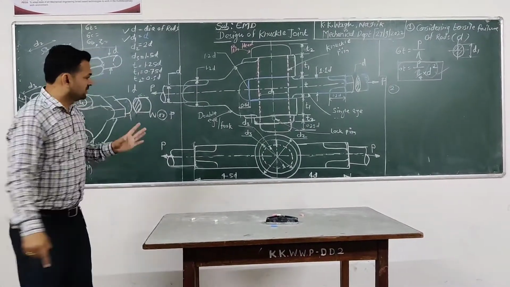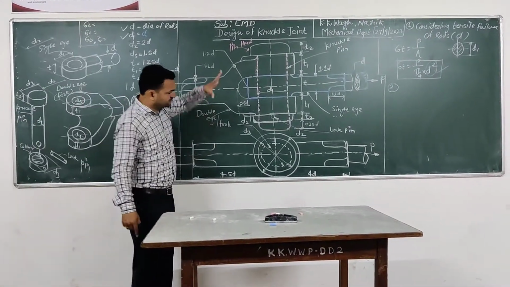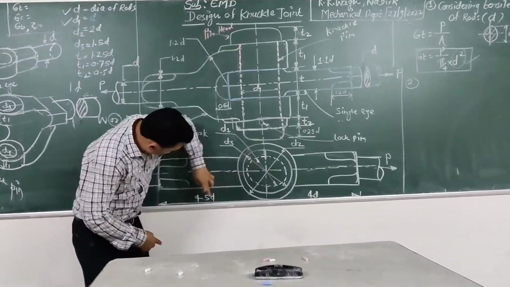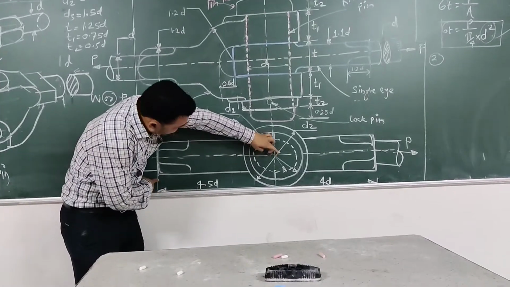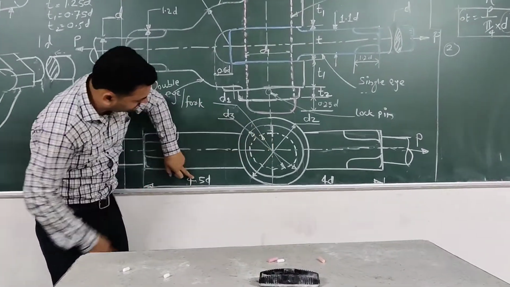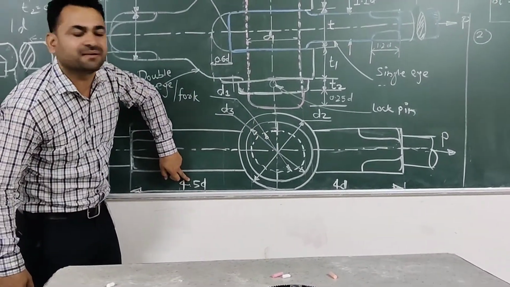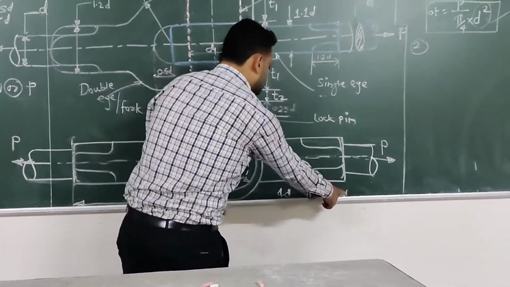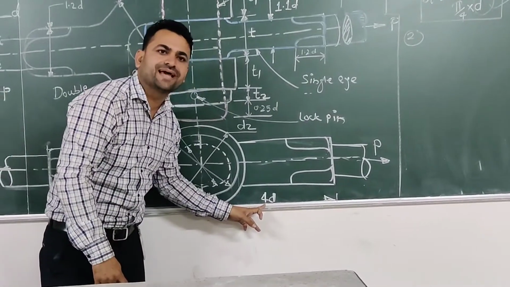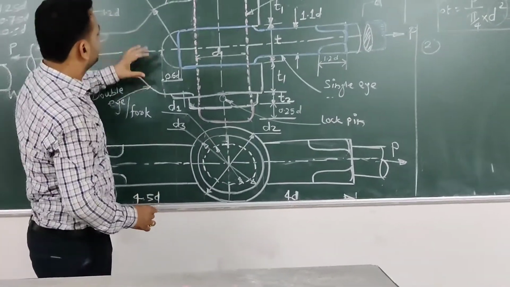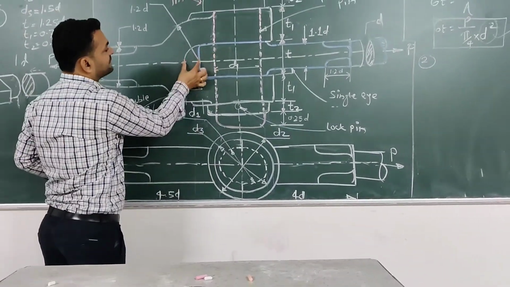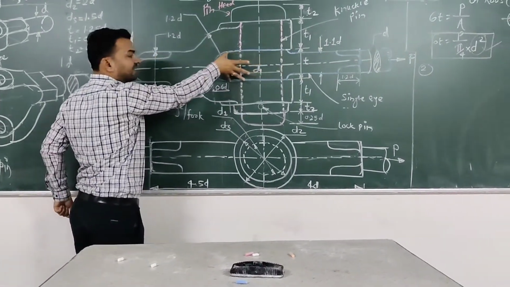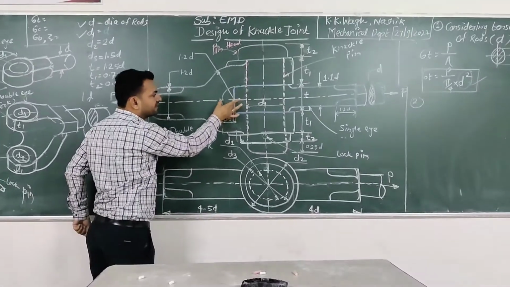Some more dimensions are there. When you see from the top view here, the length from the center point to this distance is equal to 4.5 times d. Very good. Then on the right side, from center to this point, this distance is equal to 4 times d. Then curvature is there. This gap is there, up to here is single eye, here is the fork.